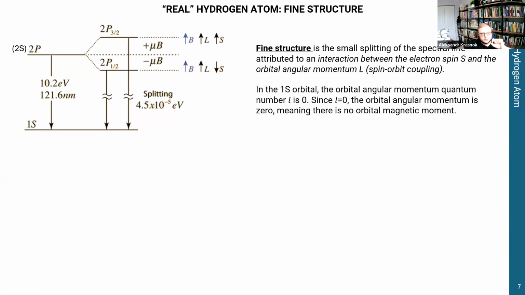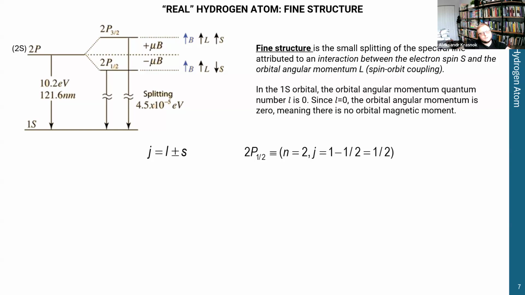Because the S configuration has L equal to 0, so there is no orbital magnetic moment. The electron, of course, has spin, but this spin doesn't interact with a zero orbital magnetic moment.